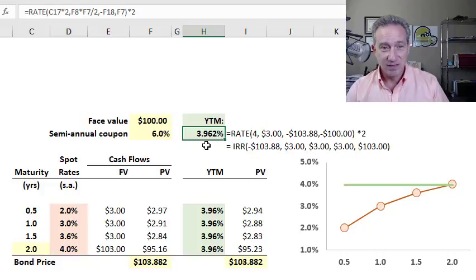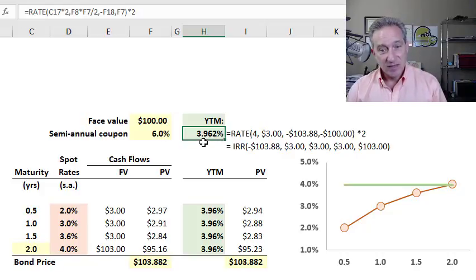It's a point I've made many times before. In general, almost without exception, inputs and outputs are in per annum terms. So this is a 3.962 yield to maturity, also just called a yield, per annum with semi-annual compound frequency.